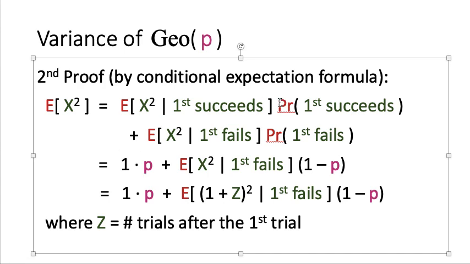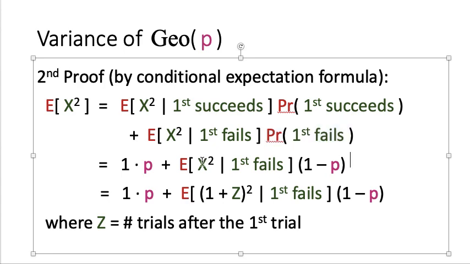The probability that the first flip, or the first trial, is successful is p. This term we don't know yet, but we will simplify it later, so we keep it here. And the probability that the first one fails is 1 minus p. So we get the second equality here, this line.